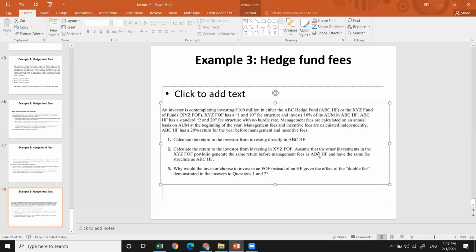Calculating the USP, assuming the other investment. Try to do this homework and upload the answers before Wednesday, and we can discuss it for about 10 minutes before the lecture, and then move to a new subject.